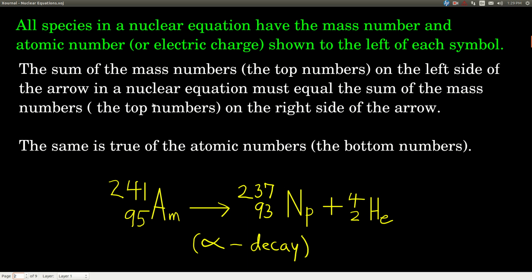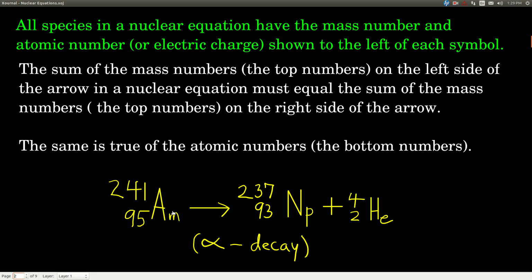But here's the deal. What makes nuclear equations really, really easy to deal with is all you have to do is make sure that when you add up the top numbers on the left-hand side of the arrow, they always have to equal the sum of the top numbers on the right-hand side of the arrow, and the same is true for the bottom numbers.